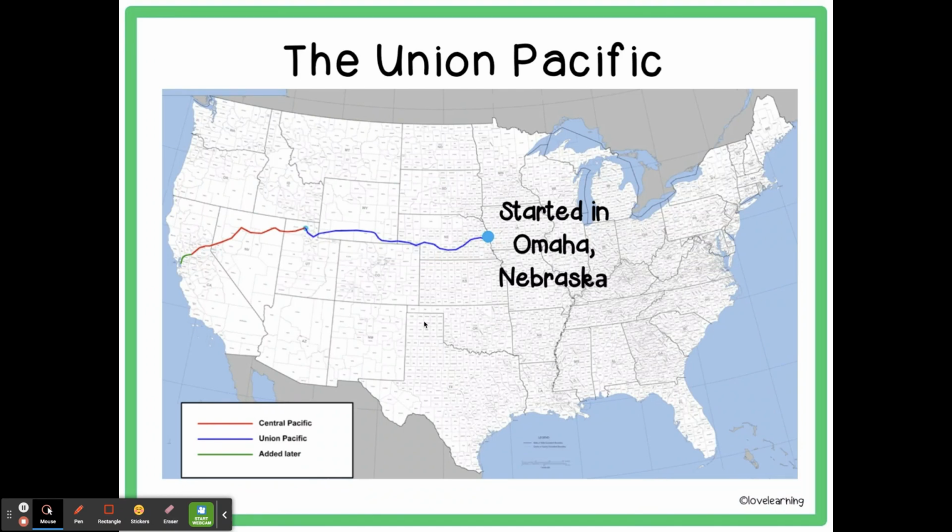But this blue line, remember, represents the Union Pacific Railroad Company. In some ways, it looks like they have a bigger amount of land to take over. But we're going to notice here soon why that is. So this company, Union Pacific, started in Omaha, Nebraska.